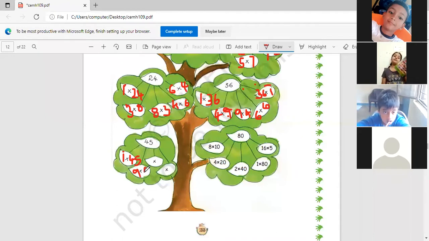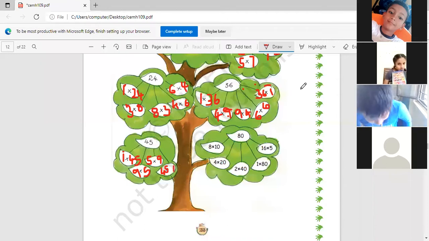So 1 times 45, 9 times 5. 5 times 9 is also 45. You can take this also. Then 45 ones are 45. Is that correct? Yes ma'am. So this is done. Okay, next. Gurudipti, mute yourself.